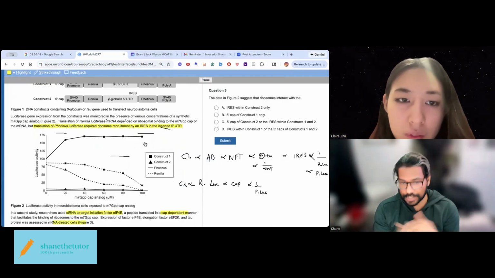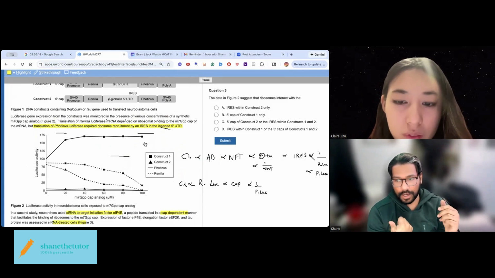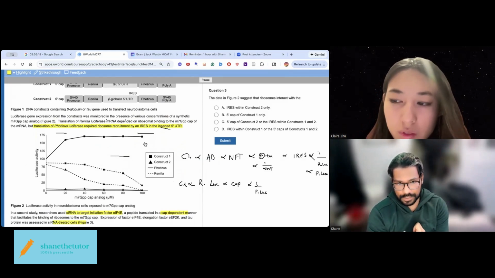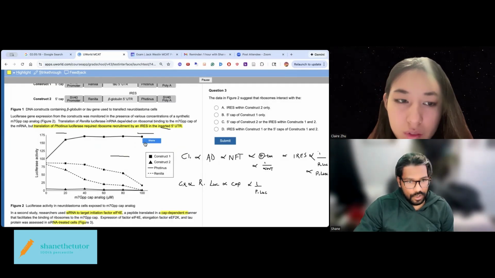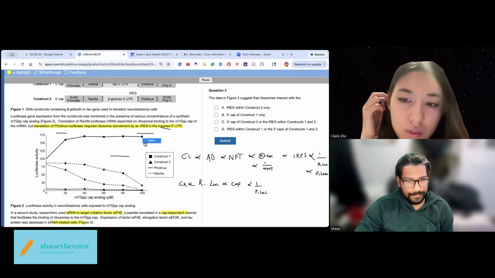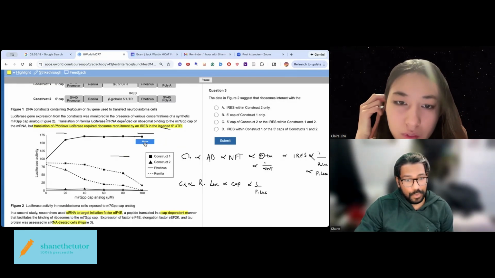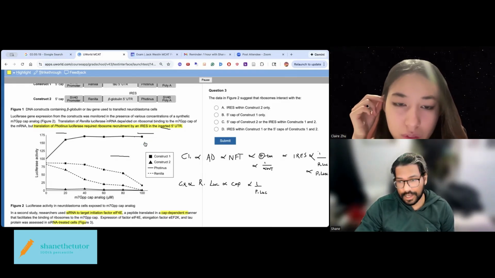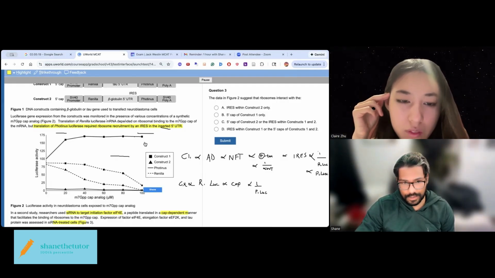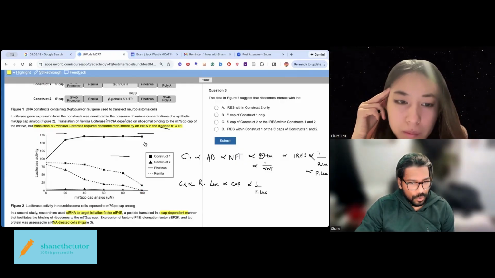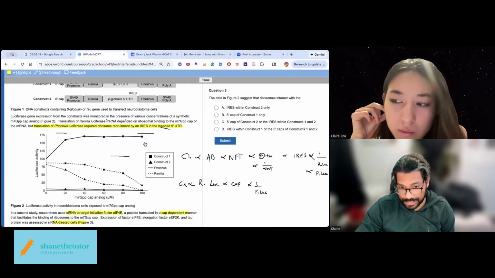So, construct one, we should see more of the Photinus, which we see over here with the straight line, right? But we should see less of the Renilla, which we see here going down, right? And then construct two, we should see the opposite.